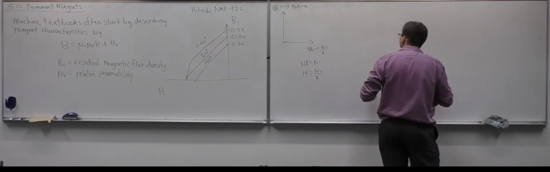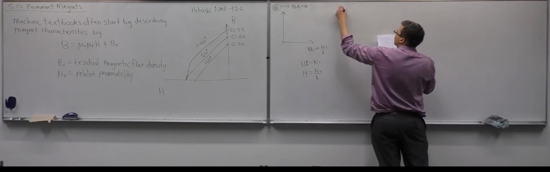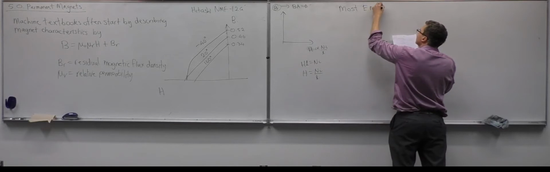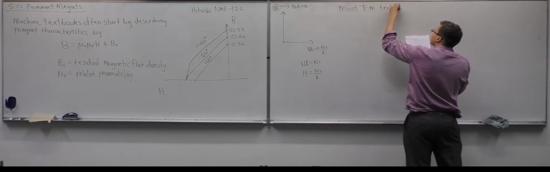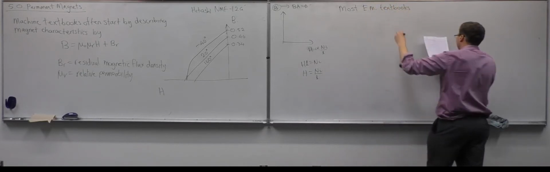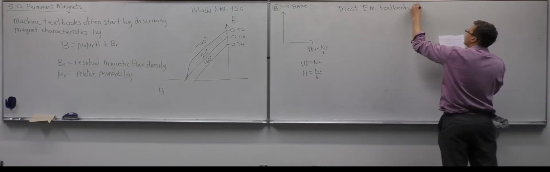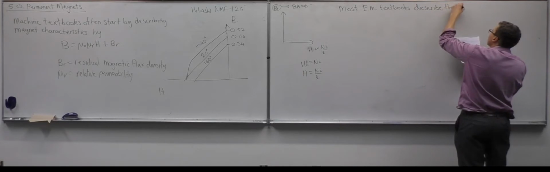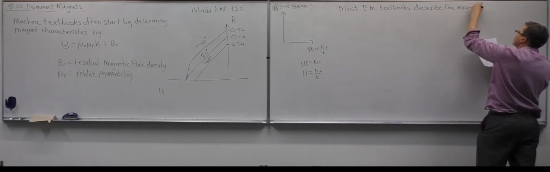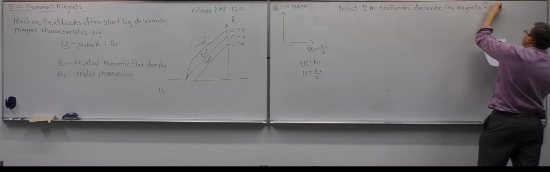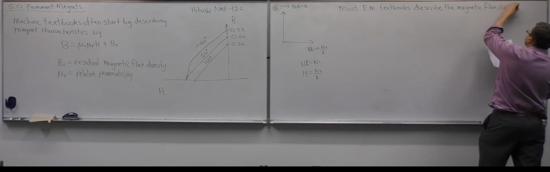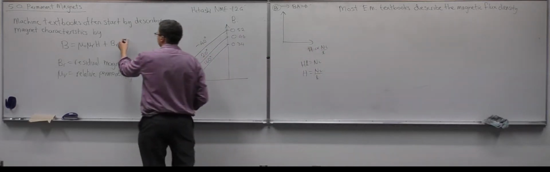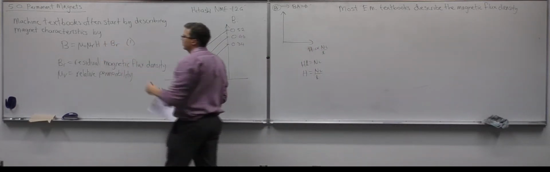Most EM textbooks describe the magnetic flux density not as written here in equation 1. This is often a starting point in the machines book.